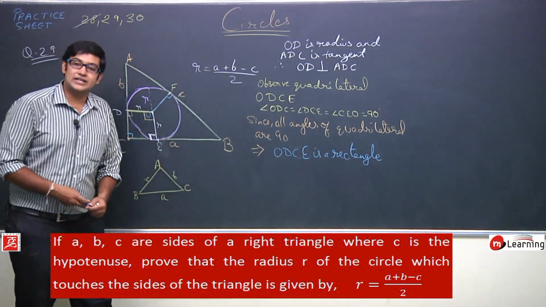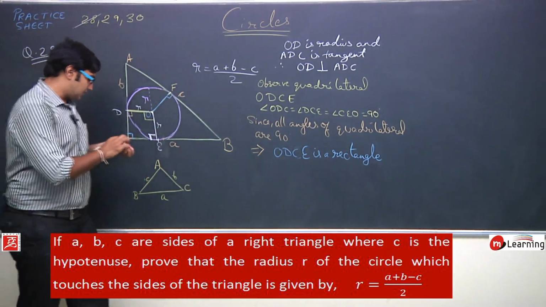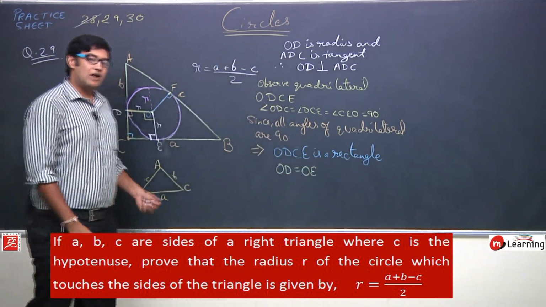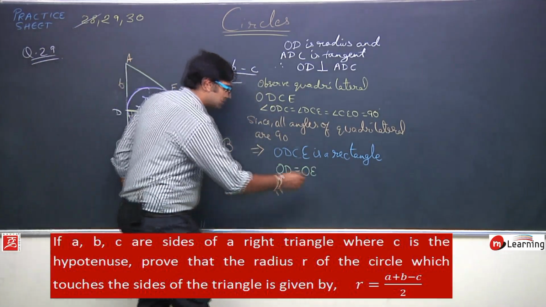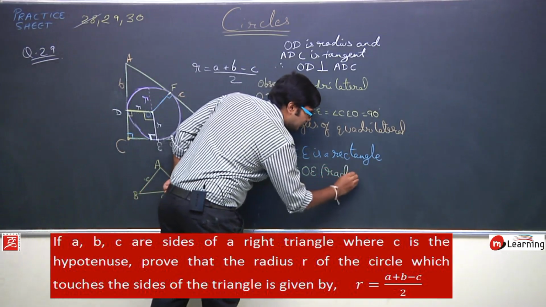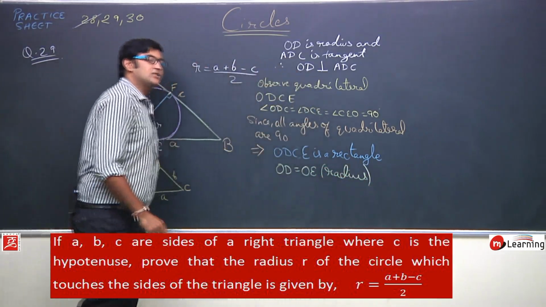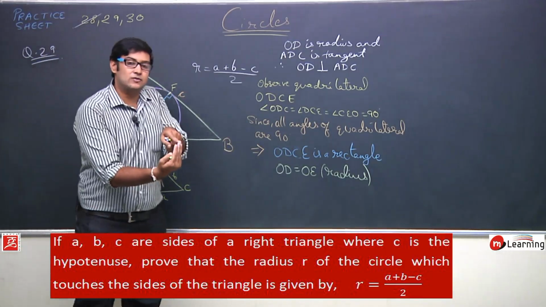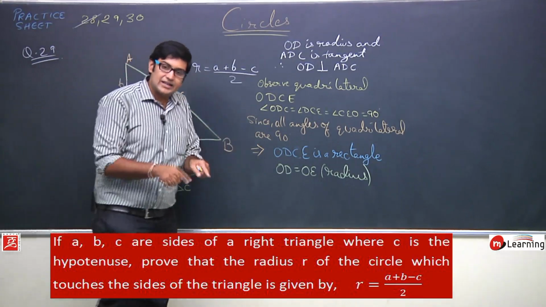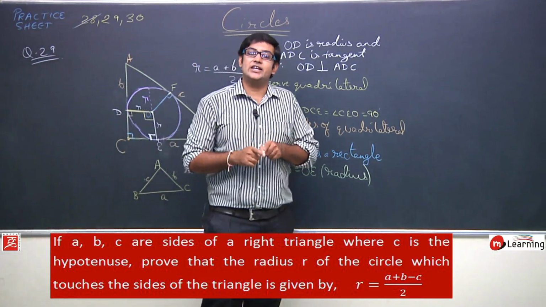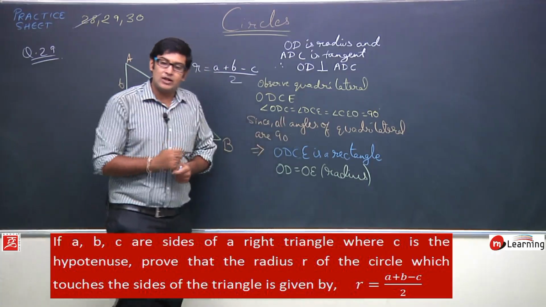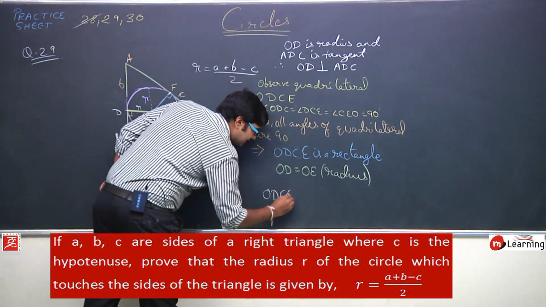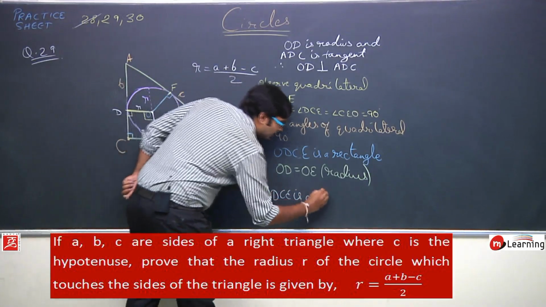लेकिन एक कंडीशन और दिखाई देती है. I can very clearly see that OD is equal to OE. Why are OD and OE equal? Because both are radius of the circle, and OD and OE are adjacent sides of this quadrilateral. So if all the angles in a quadrilateral are 90 degrees and adjacent sides are equal, I can say ODCE is a square.